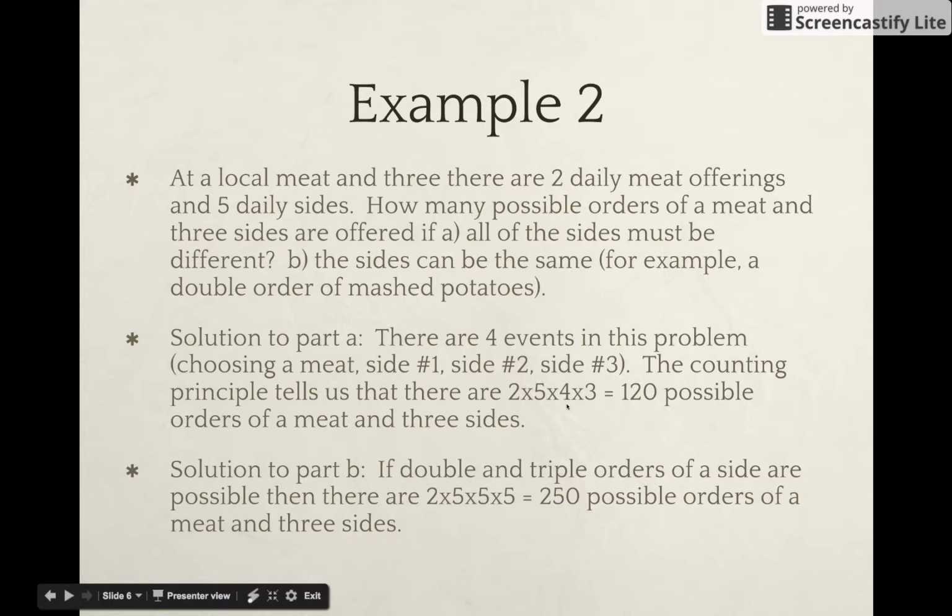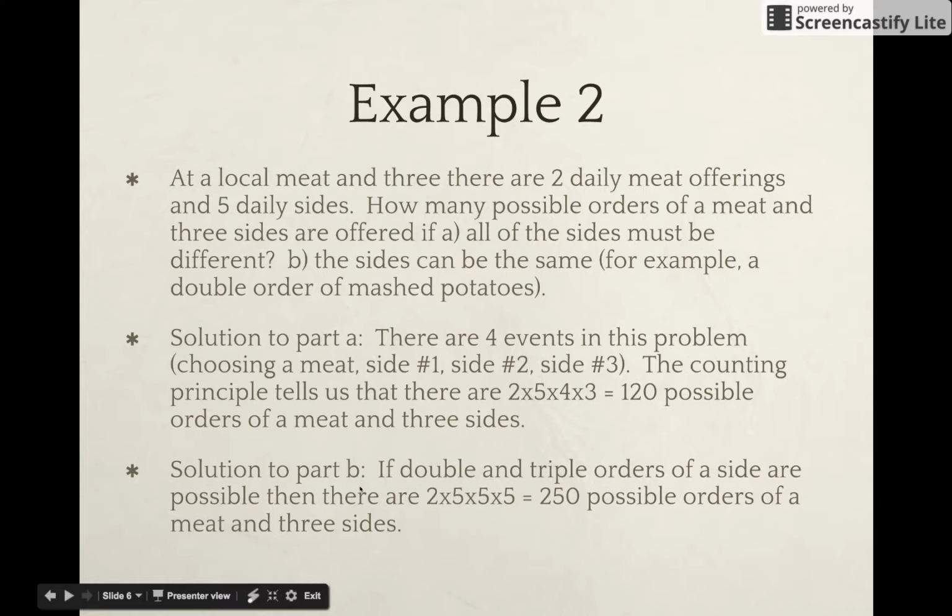There are only 4 ways you can choose the second side because you've already selected one of the sides from the 5. And to select the third side, there are now only 3 sides remaining because you've picked 2 sides already. Multiplying all those together, we have 120 possible orders of a meat and 3 sides.